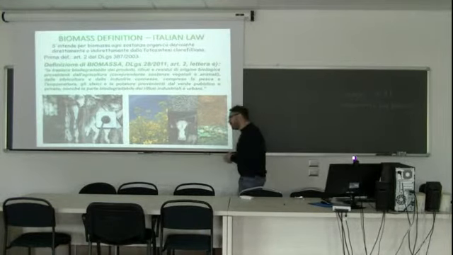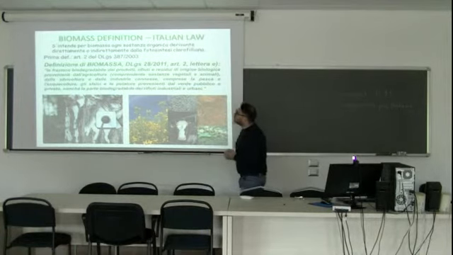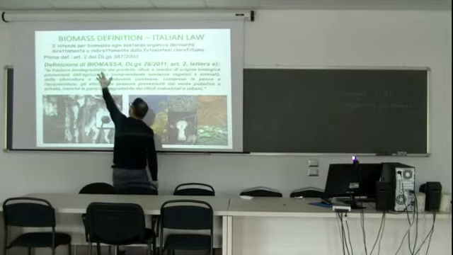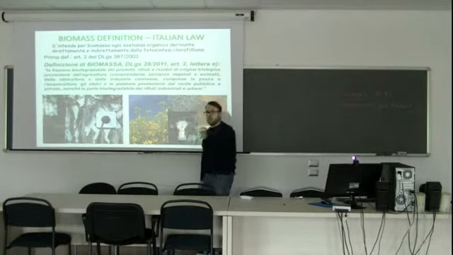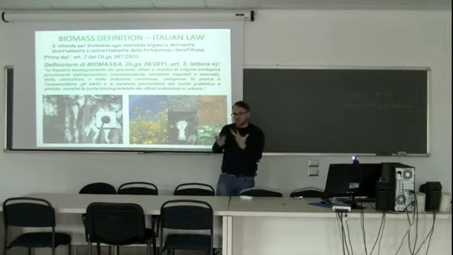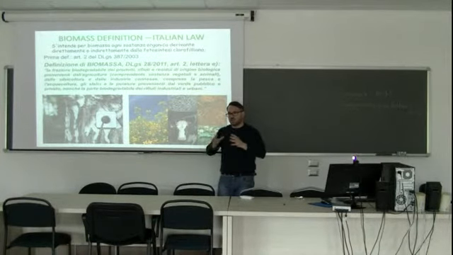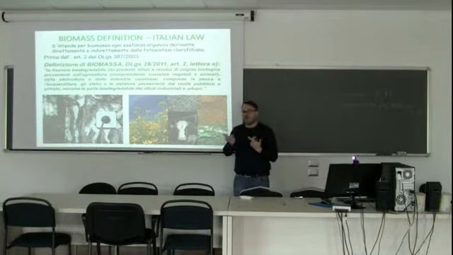In Italian law, we have a definition of biomass. What is biomass? Biomass is the biodegradable part of the products, waste, and byproducts. We have three categories. The main product is biomass, for example if I want to crack the wood to produce wood chip, produce pellet. Then byproducts.